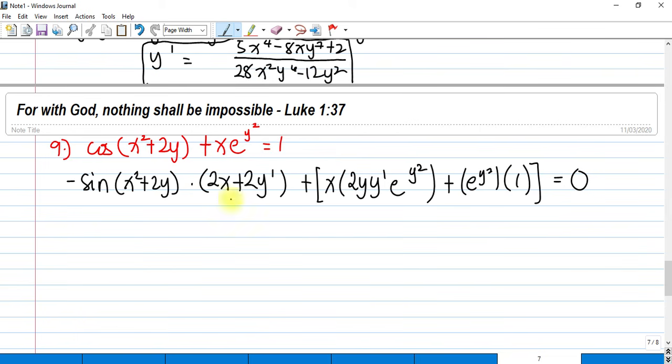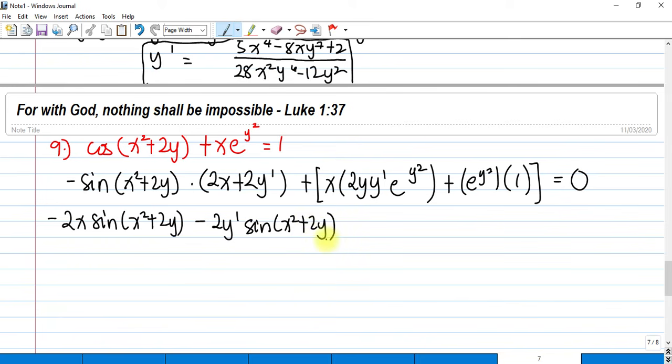So what will happen? I can distribute this 2x plus 2y prime into this negative sign. So we have negative 2x sine of x squared plus 2y, minus 2y prime sine of x squared plus 2y. Simplifying this, that should be 2xy y prime e raised to y squared plus e raised to y squared is equal to 0.